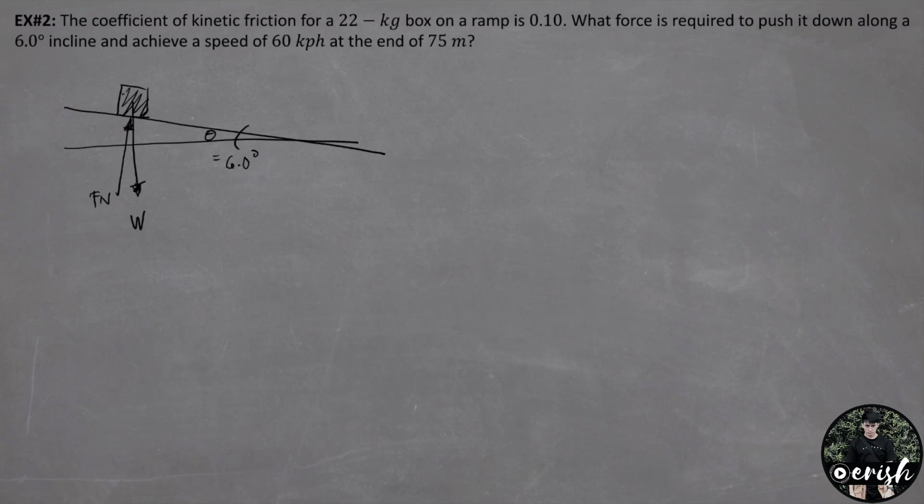Ang hinahanap again natin is yung force required or yung force na i-apply natin dito para mai-push siya and makapagbigay ng speed of 60 kilometers per hour. This is force applied, so ito ang hinahanap natin. And again, binigyan tayo ng coefficient of kinetic friction. Therefore, magkakaroon tayo ng motion na nagbibigay ng resisting motion dito, yung force of friction nga yun.